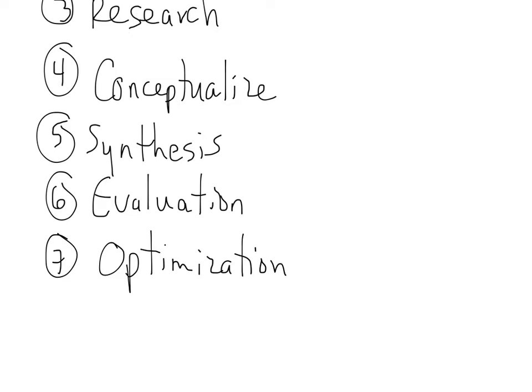Whether it's like 2 months, so you come up with the product, you evaluate it, and then your boss says, all right, I'm going to give you 3 months to cut down the cost by 30% and increase the structural strength by 20%. So now you have a time limit to complete that optimization. But that doesn't mean that once you come out with a product, that next year you can't change it. So optimization is an ongoing process.